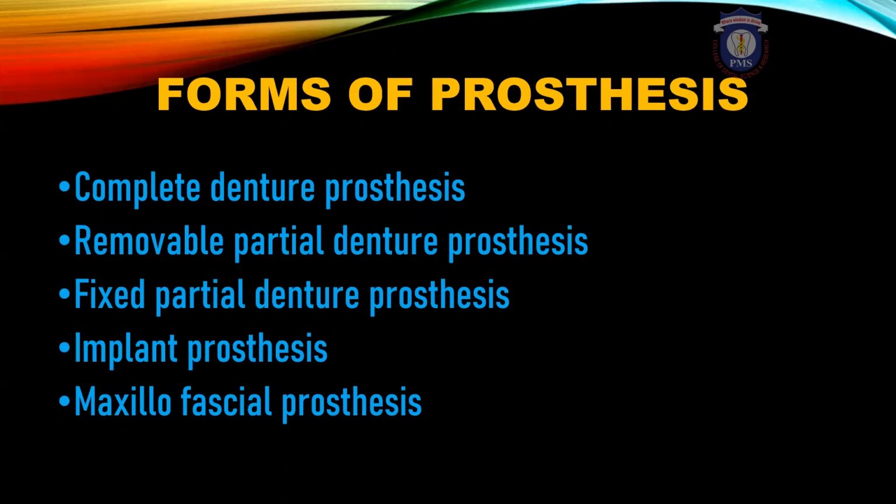When you come to the forms of prosthesis, they are the complete denture prosthesis, removable partial denture prosthesis, fixed partial denture prosthesis, implant prosthesis, and maxillofacial prosthesis. These are the different forms of prosthesis.